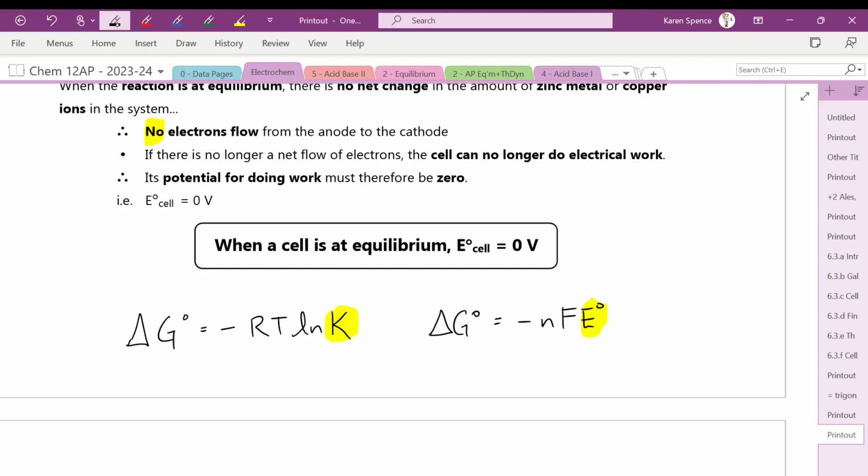Move stuff around. Well, I've got delta G is equal to and delta G is equal to. What could I do with those 2 things that are equal to delta G? I could put them together and make them equal. So I have negative RT ln K is equal to negative NF E naught. Now, what can I do with my negative sign? Get rid of it.